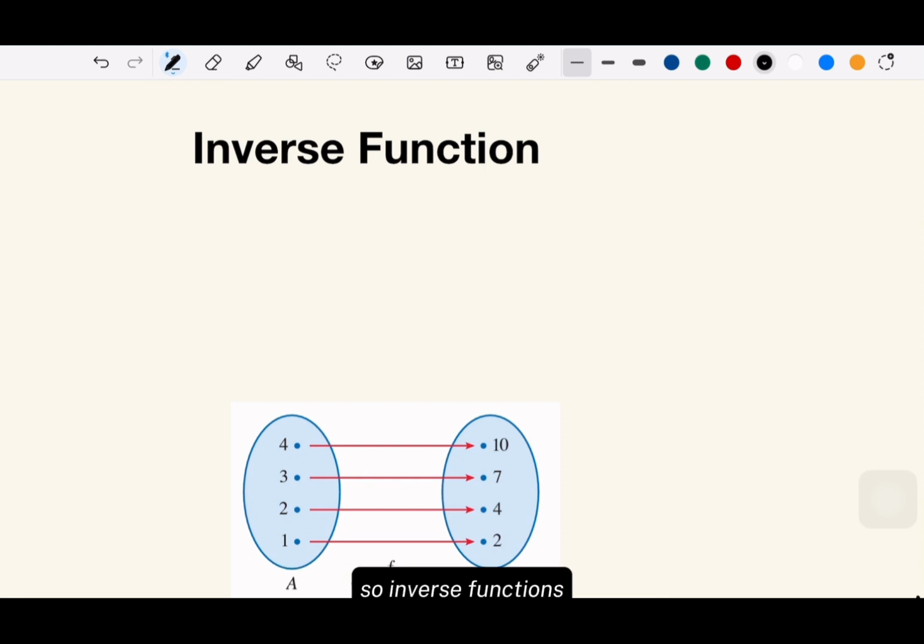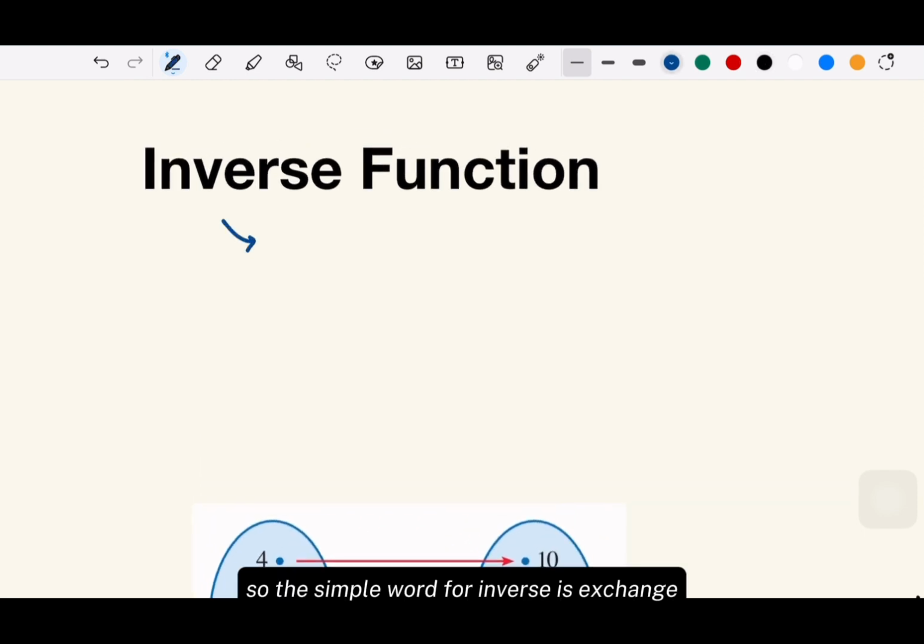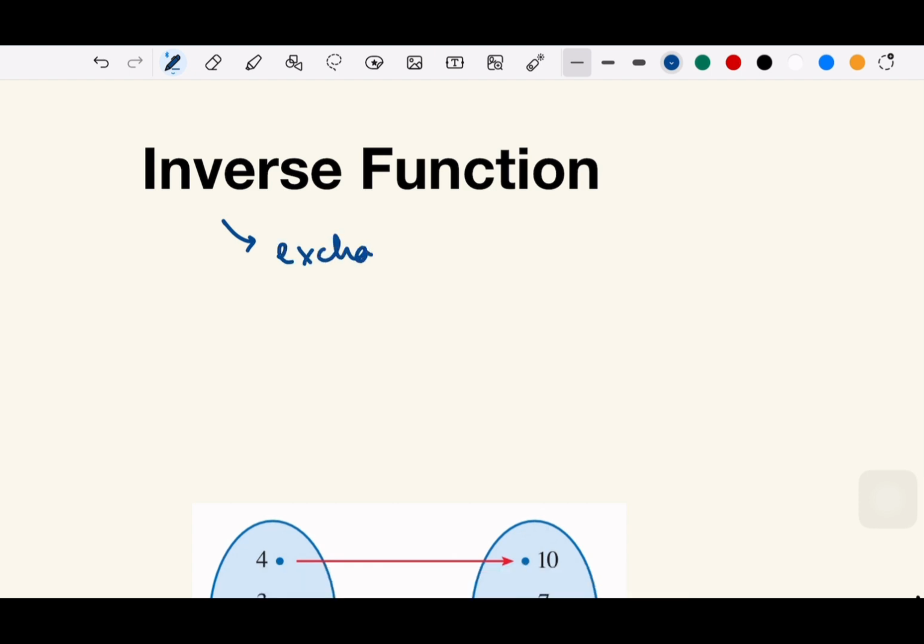So inverse functions. So what is inverse? By words, the simple word for inverse is exchange domain and range. Okay.